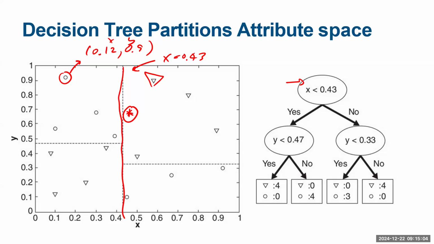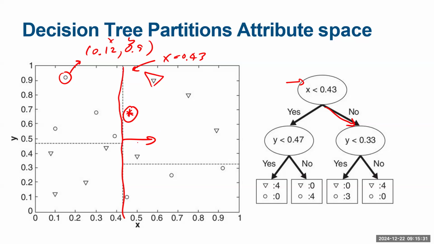And then for this data, we have x greater than 0.43, right? So we actually go to the no. After you use x, you only look at the data on this side.